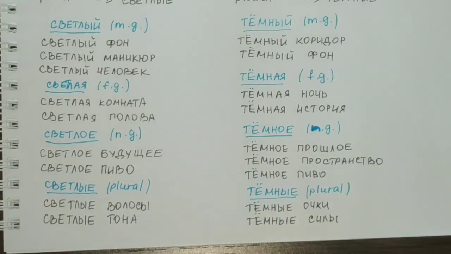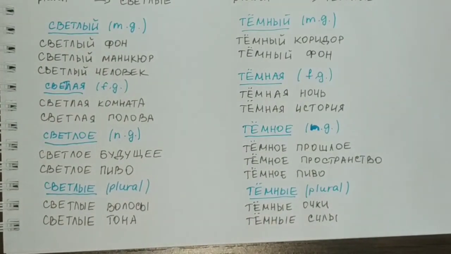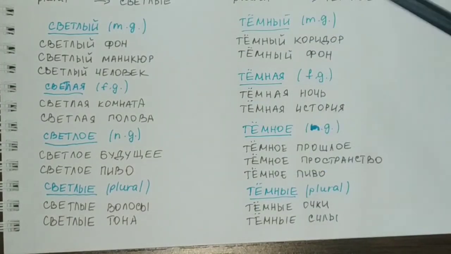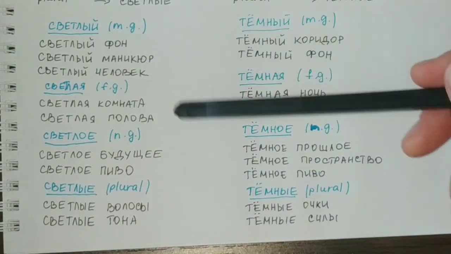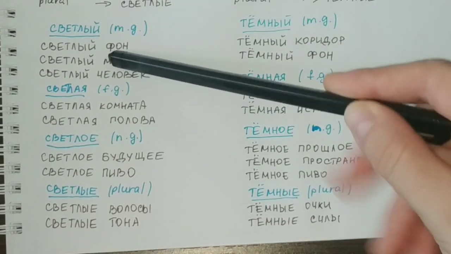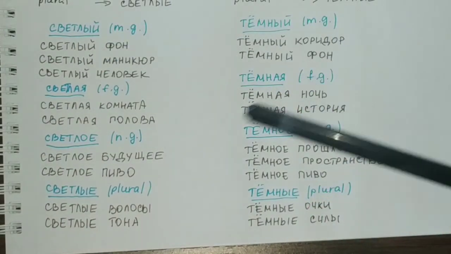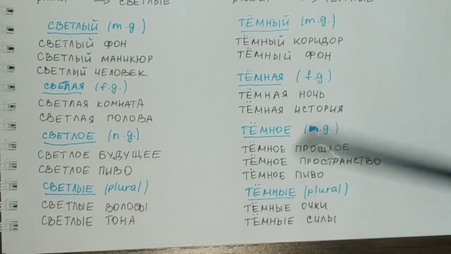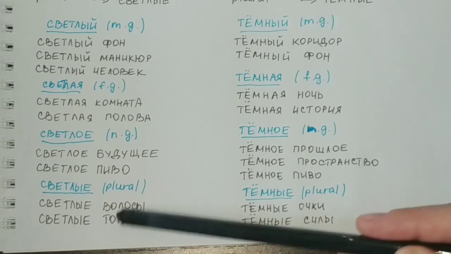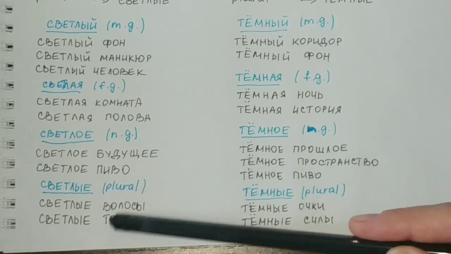I hope it was interesting, and it is good to see both of these opposite meaning adjectives and some corresponding examples where they can be used, like with the background фон, светлый фон, темный фон, or with пиво, светлое пиво, темное пиво. You can also say here светлые волосы, you can say темные волосы, dark hair, or light, bright hair.